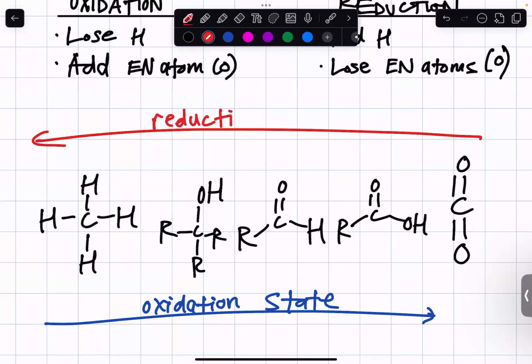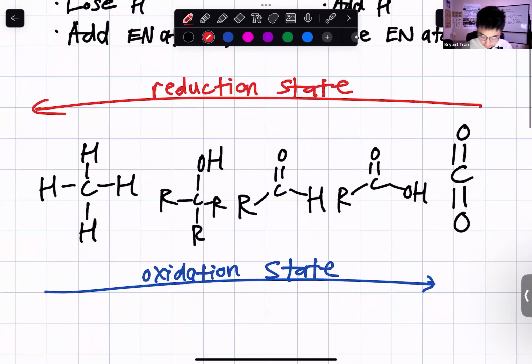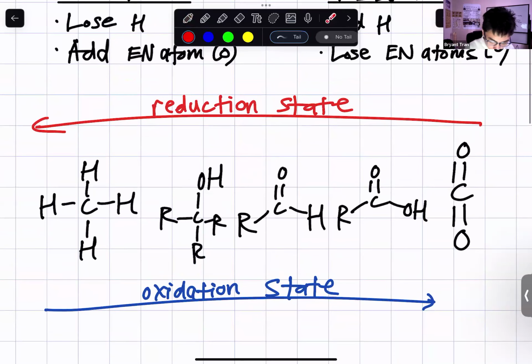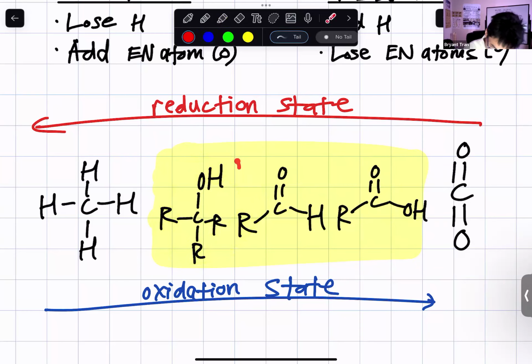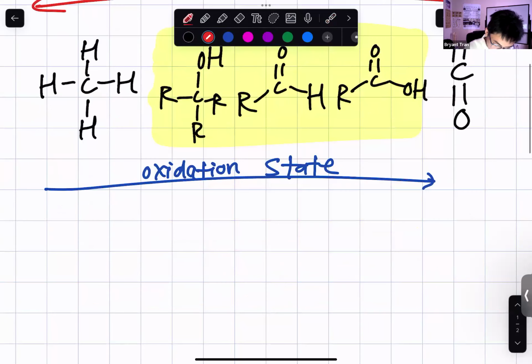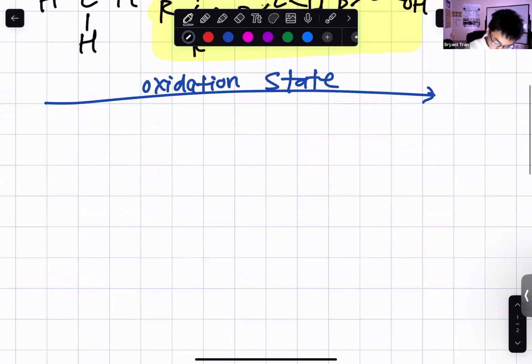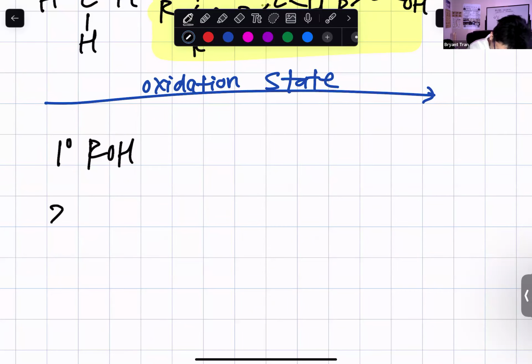Now we're going to focus mainly on these three for when we first learn about oxidation reduction reactions in OChem: the alcohols, aldehydes, and carboxylic acids. There are three different types of alcohols: primary, secondary, and tertiary.